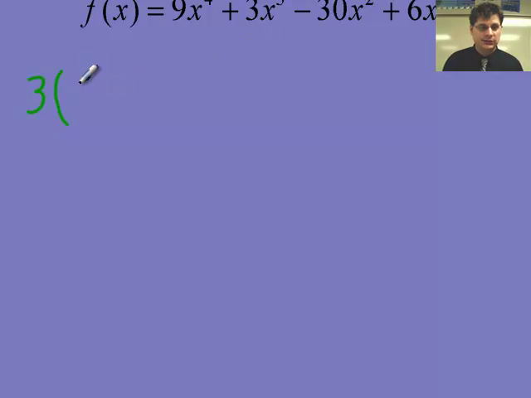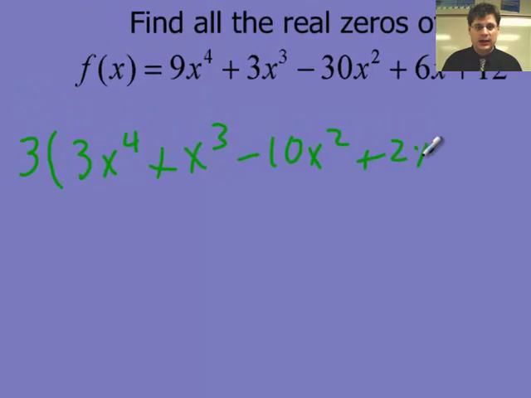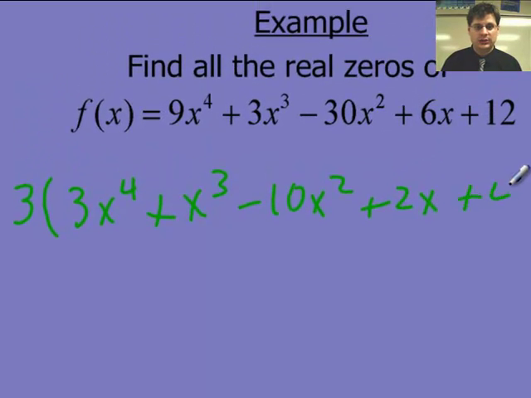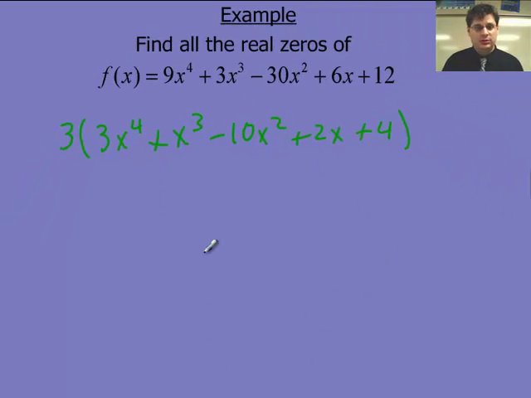That leaves me with 3x to the 4th plus x cubed minus 10x squared plus 2x plus 4. Now I'm going to see if I can find all the possible rational zeros of what remains in the parentheses.